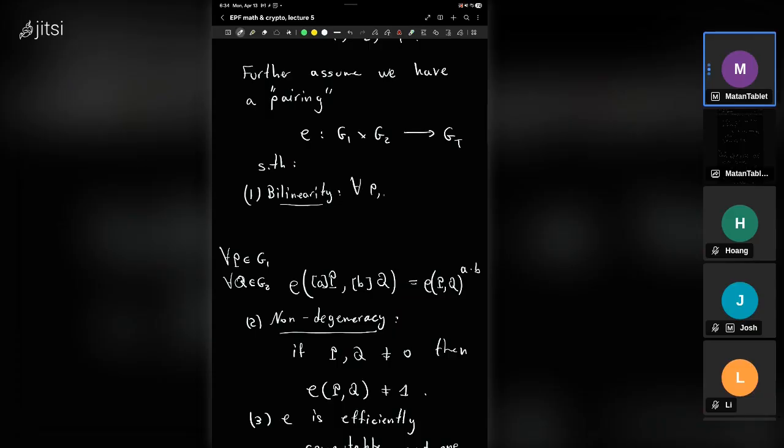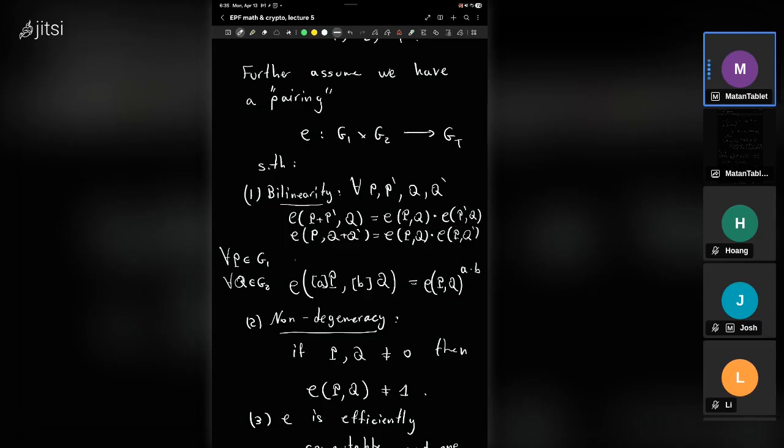For any P and Q, or let's say P prime, Q prime, if I do E of P plus P prime, and I pair it with Q, it's the same as doing E of P paired with Q, multiplied by E of P prime paired with Q. And the same for the second variable, E of P, Q plus Q prime is equal to E of P,Q times E of P,Q prime.